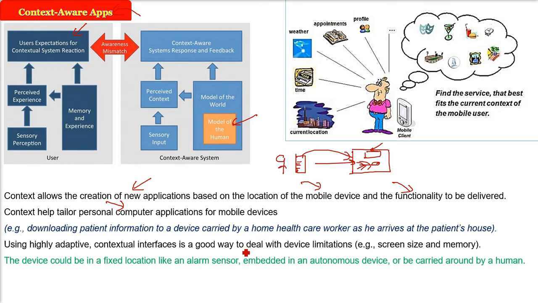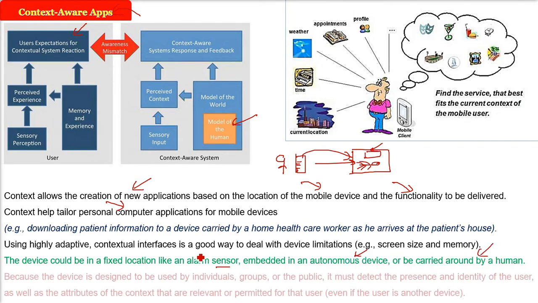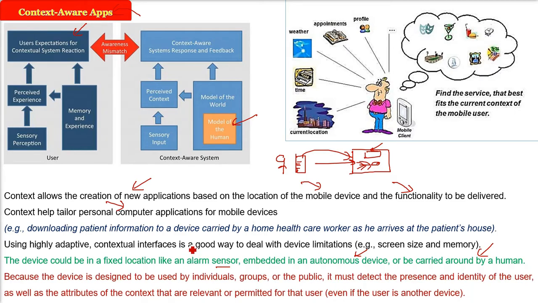Device could be in any location. The device could even be in a fixed location, like an alarm sensor. It can be embedded in some autonomous device. It can even be carried by any human being. Because the device is designed for different people, as an individual or a group of the public, the device or the app must detect the presence and the identity of the user.